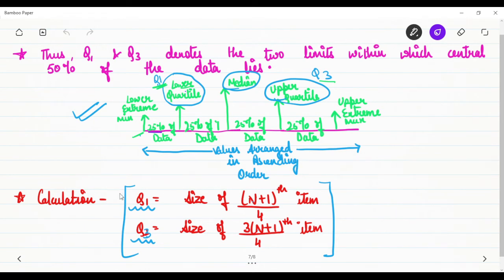The formula to calculate Q1 is size of n plus 1 by 4th item. For Q3, the formula is size of 3 into n plus 1 by 4th item.